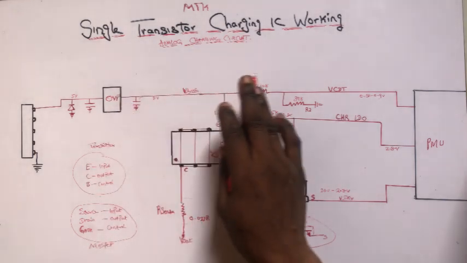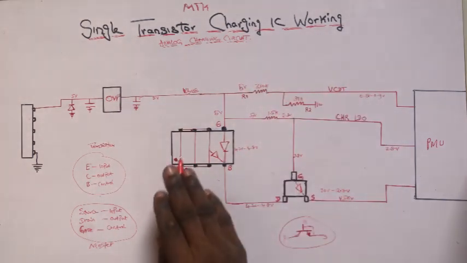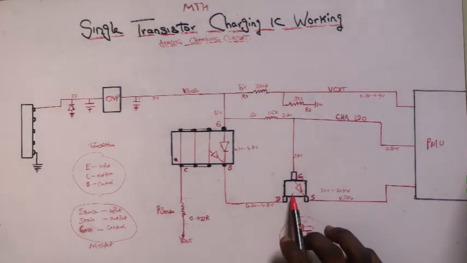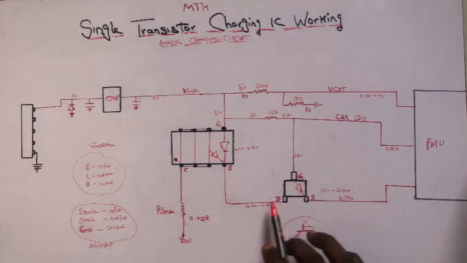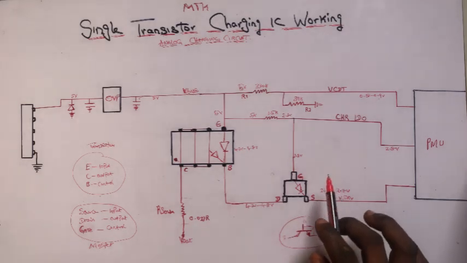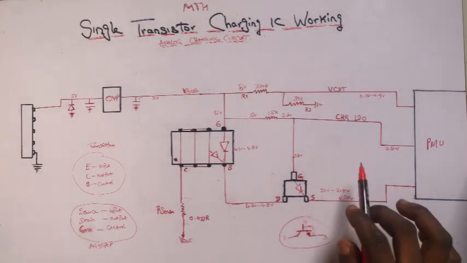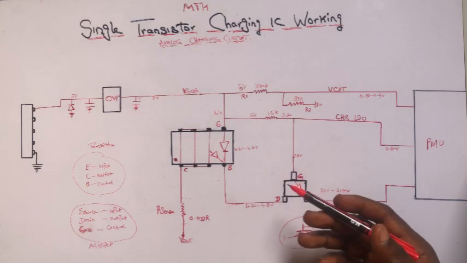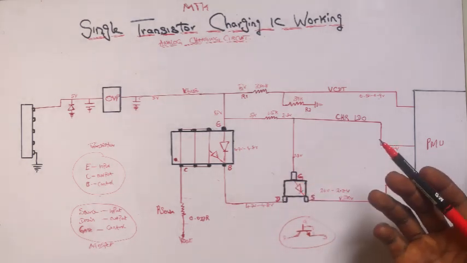But in this single transistor charging IC, we have one transistor and one MOSFET. MOSFET stands for metal oxide semiconductor field effect transistor. It is also a transistor, but it is the higher form of transistor.